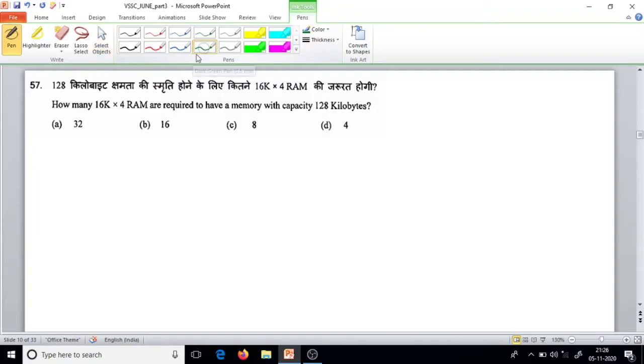Question number 57. How many 16K multiplied by 4 RAM are required to have a memory with capacity of 128 kilobytes? Now this question, without thinking much, you can solve it like this. Required divided by available.